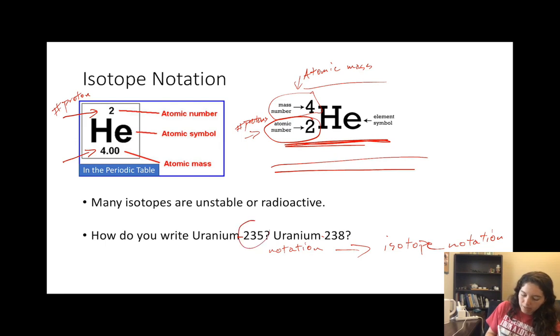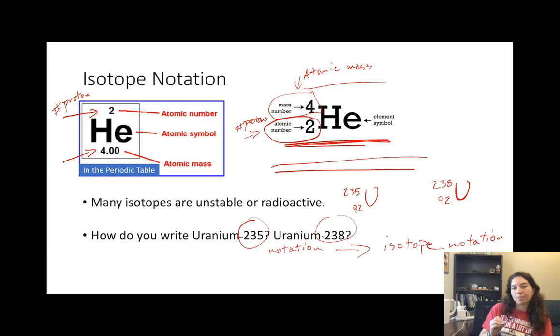The mass number is here, so that's easy. Our uranium, the chemical symbol is a U. The number of protons for this one is 92, and the mass would be 238, or for U-235, you'd have U, 92, and 235. So that's how you would write both of these.